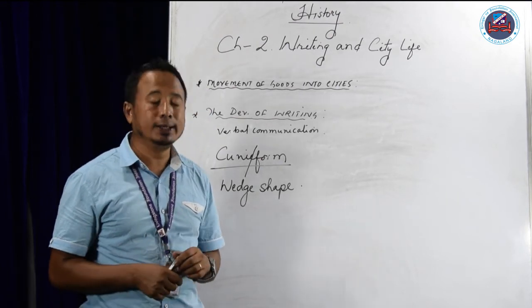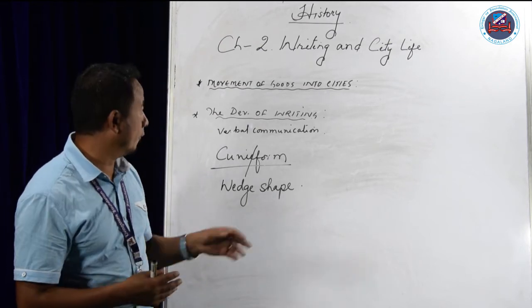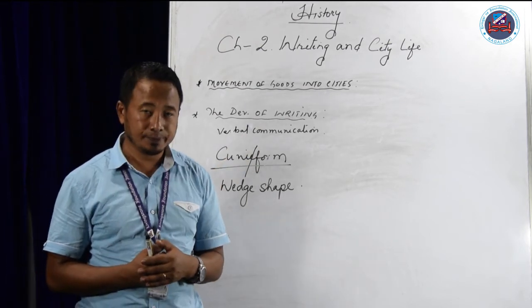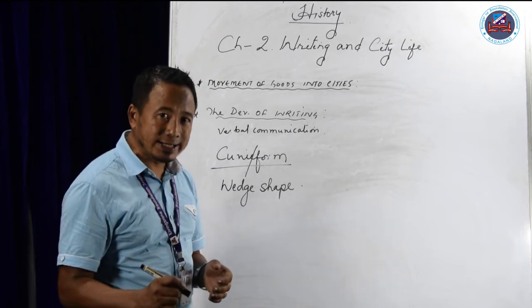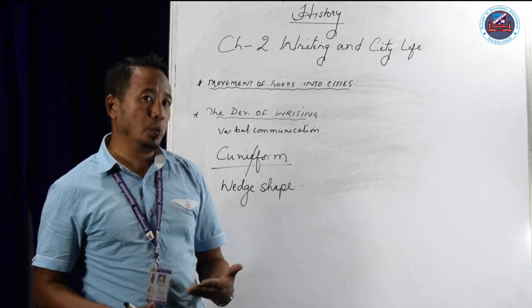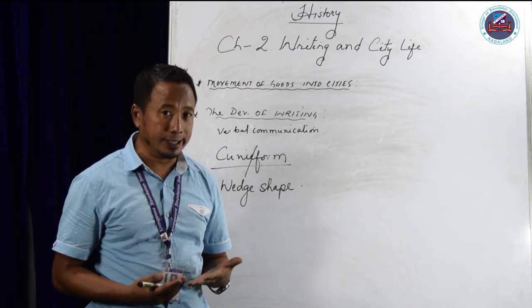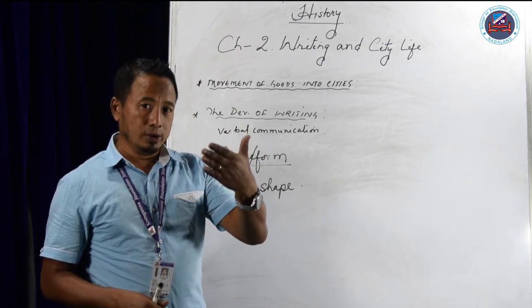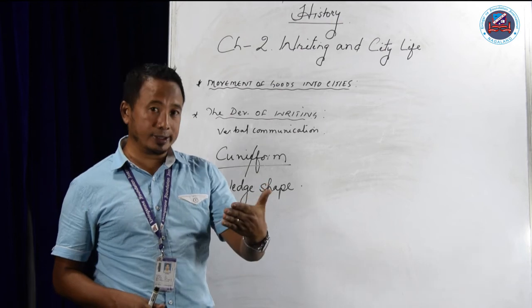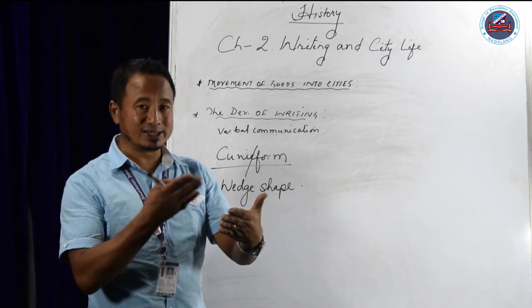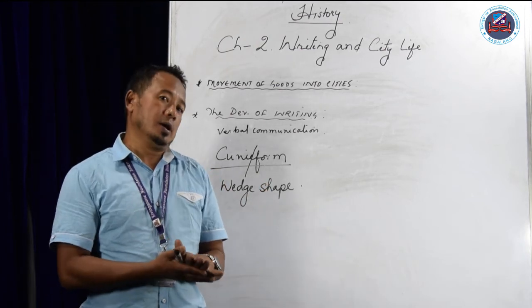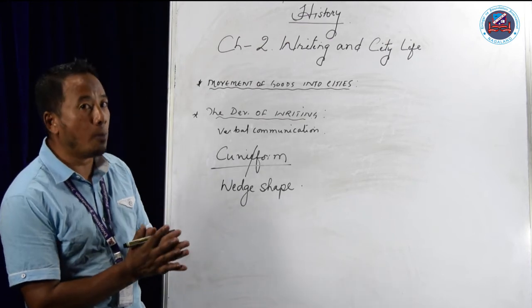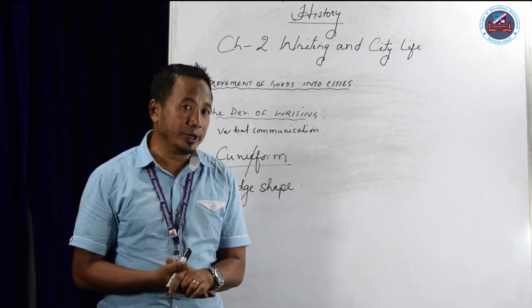Yes, writing is also another form of verbal communication, because by writing, when we read, we get the meaning. We write a letter, so the receiver of the letter, when he reads it, understands what is written there. So writing is also a form of verbal communication.